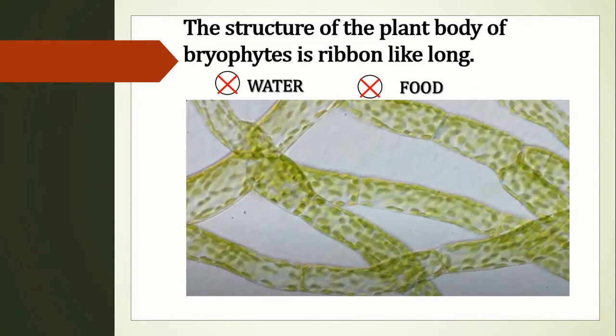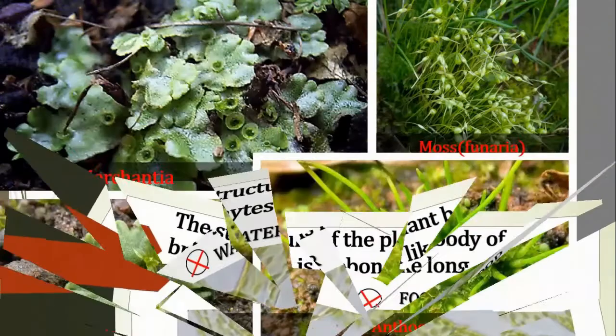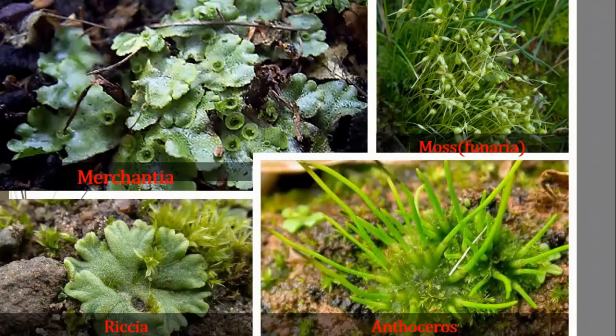They do not have specific tissues for conduction of food and water. Conduction means transportation of water and salts upwards through xylem and food in upwards and downwards direction through phloem. For example, Marchantia, moss that is Funaria, Riccia, Anthoceros.